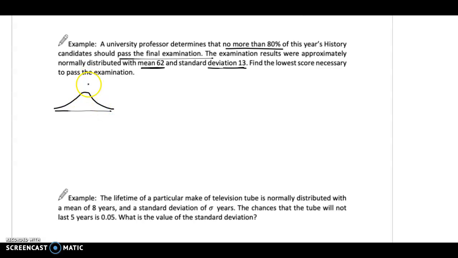There's our distribution with a mean of 62. There's a K value where 80% need to pass. Below this, right here, that's your 20% failure. Everybody here is your 80% who need to pass. So what is this K value? We need to find that.